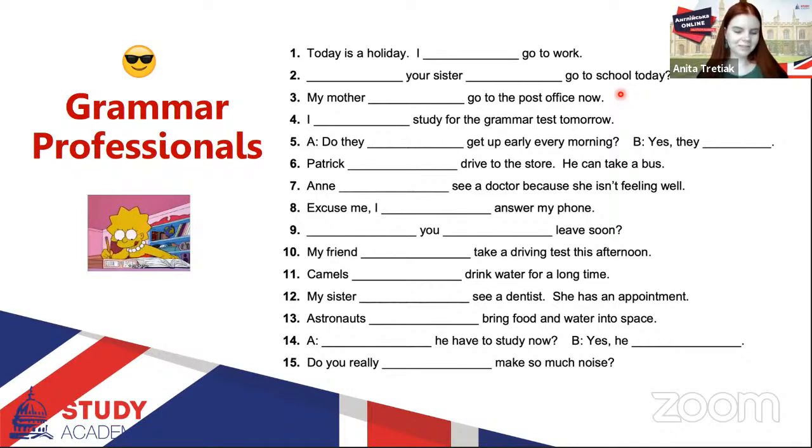And here you have different ideas, have to and don't have to. Okay, I think I would say they don't have to bring their own food and water into space. Maybe they have their special food and water in special containers on that space station.